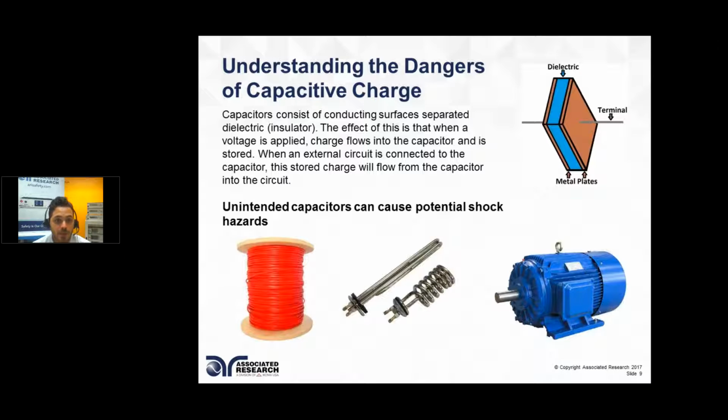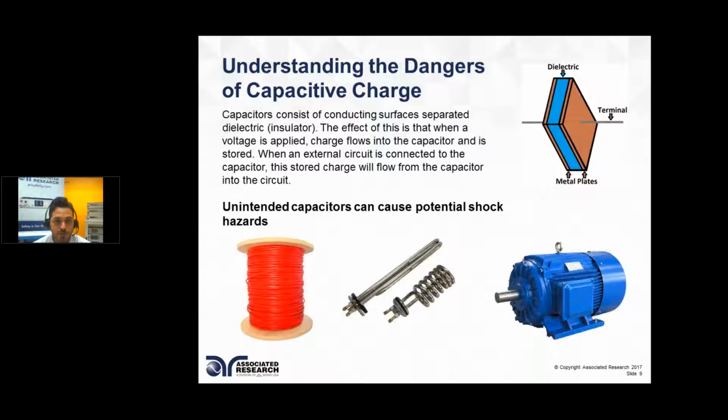It consists of two conducting surfaces separated by a dielectric, which is another word for an insulator. So when a voltage is applied, charge flows into the capacitor and is stored. Once you remove the power from a capacitor, that charge is still there.